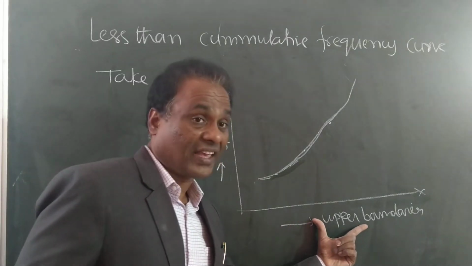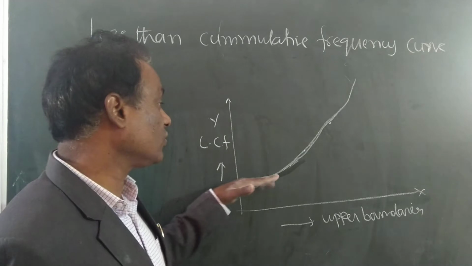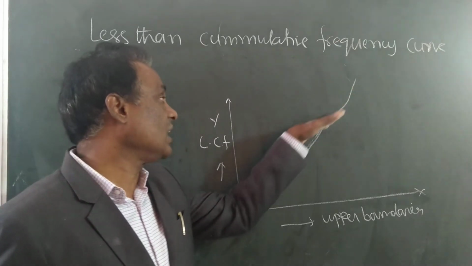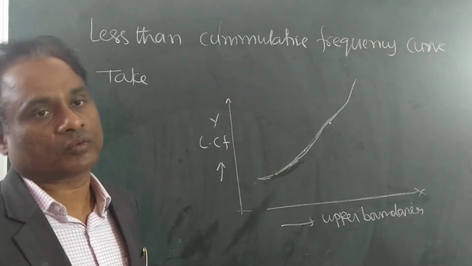Upper boundaries on the x-axis, cumulative frequency on the y-axis. We plot the points, and if we join the points, we will get a curve that is called the less than cumulative frequency curve.